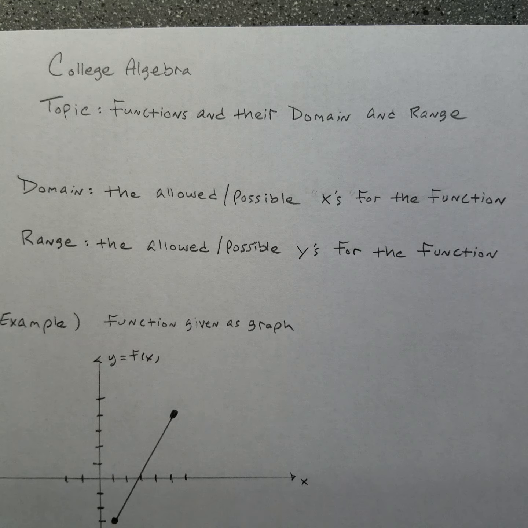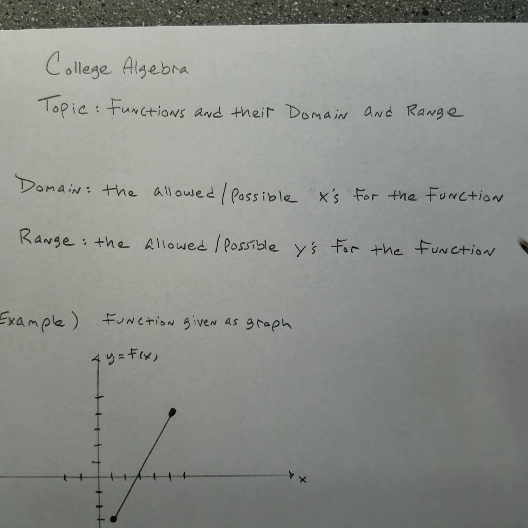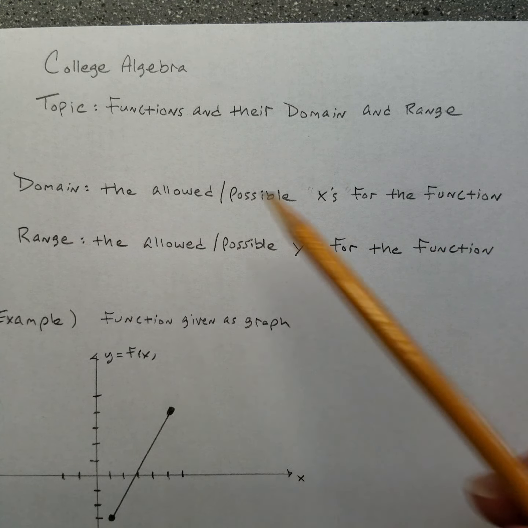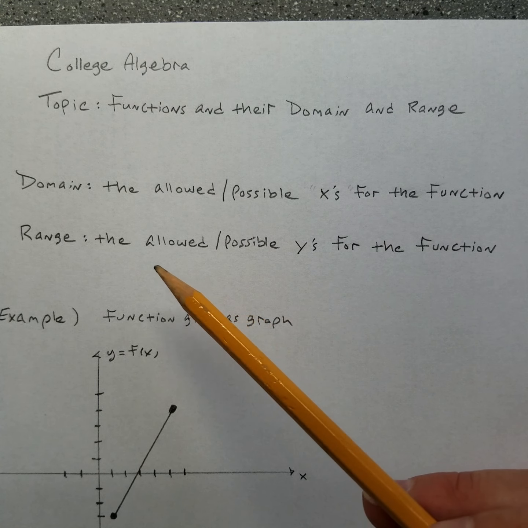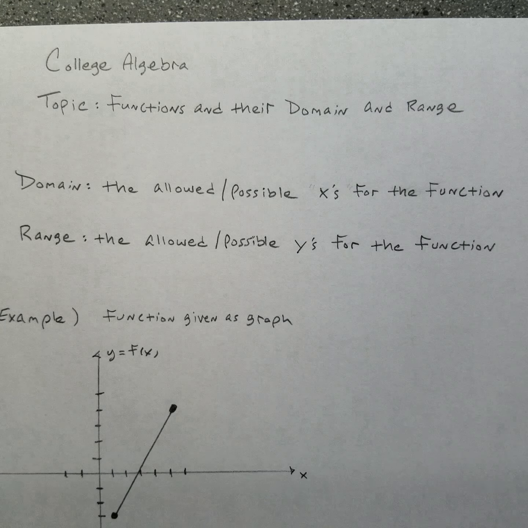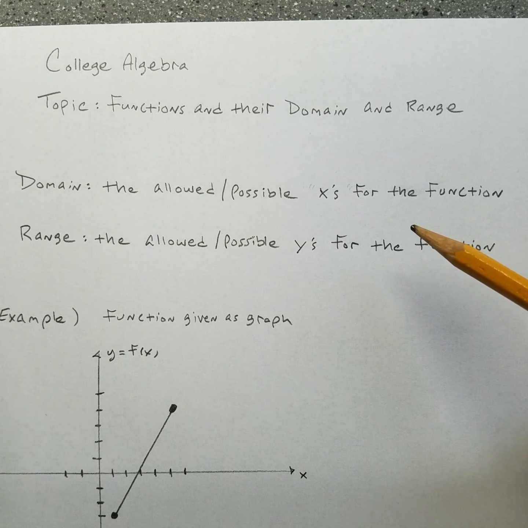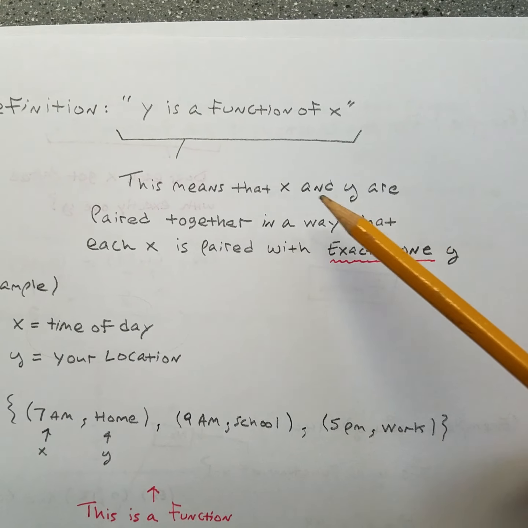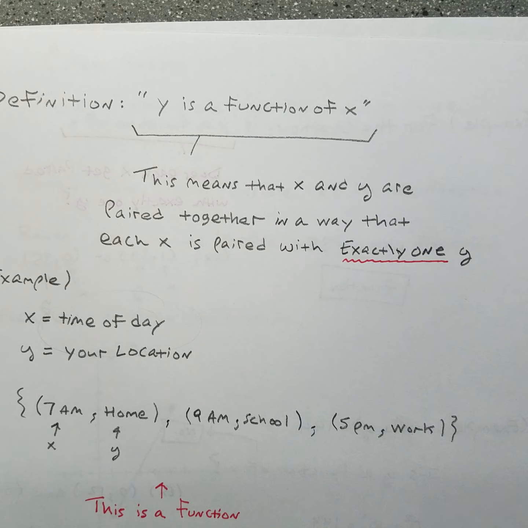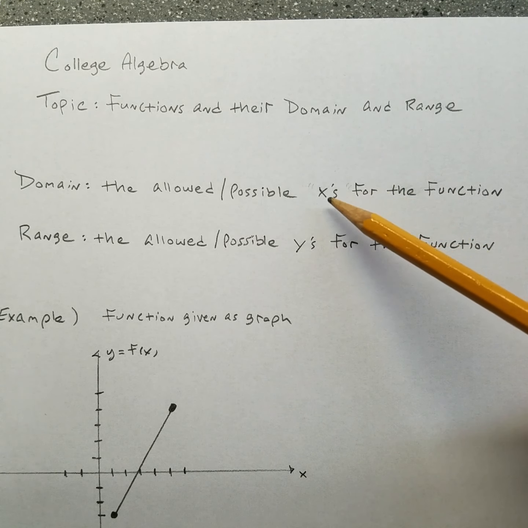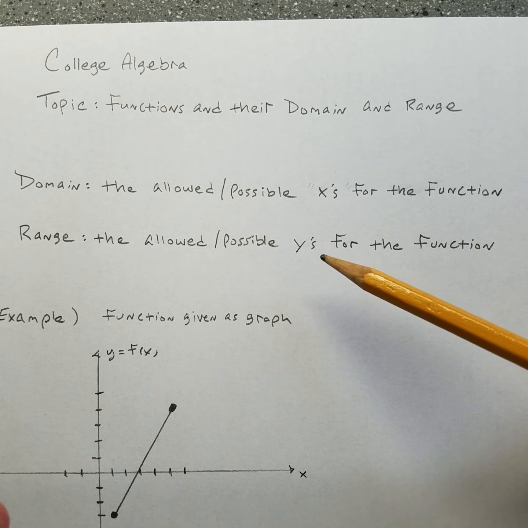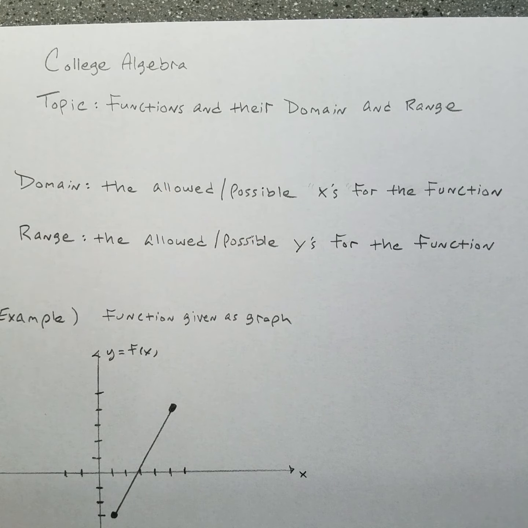I think it's a little too simplistic to say it like that, but if it works, then you can just think the domain is the x, and the range of a function are the allowed or possible y's for the function. And you see how that comes about? I mean, if a function just pairs two things together, x and y, then we might want to know what the x's and the y's can be. And that's what the domain and range are.